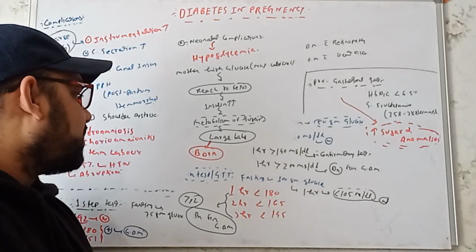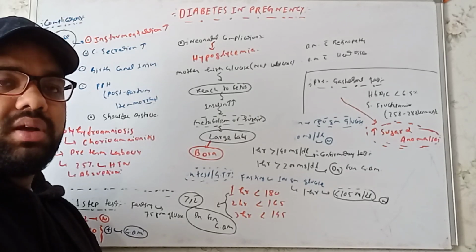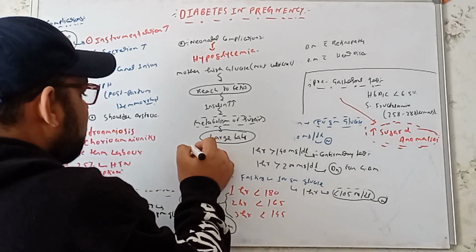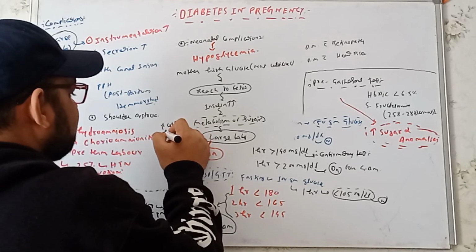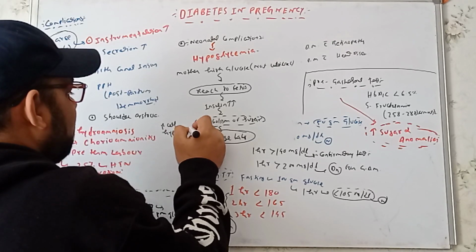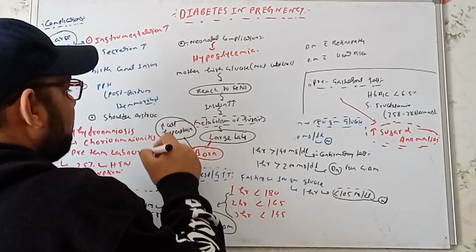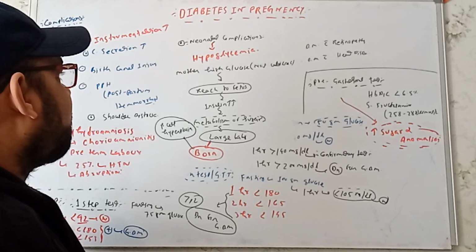After that we'll see some amount of insulin remaining over there, because in these cases we'll see the development of pancreatic beta cell hyperplasia. So that's what we'll get in terms of the neonatal complications.